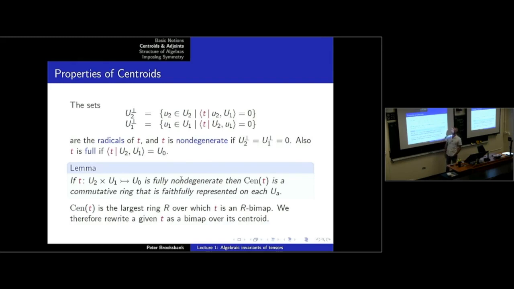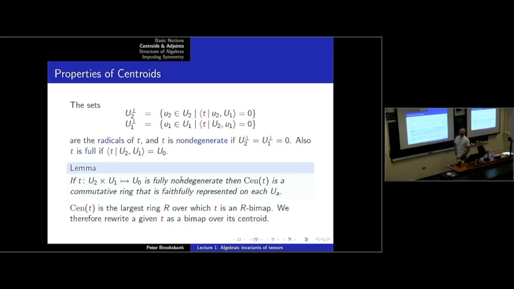Similarly for U1, there's another radical. We'll say that the tensor itself is non-degenerate if both of those sets are 0. I can also mention that if the image of the tensor is all of the codomain, then we'll say that the tensor is full.